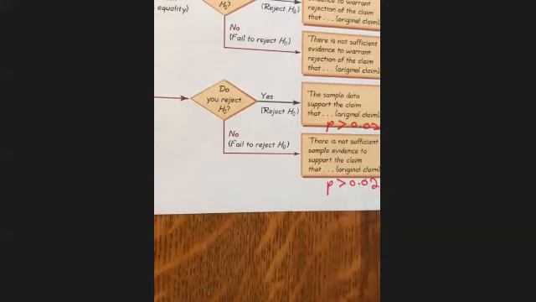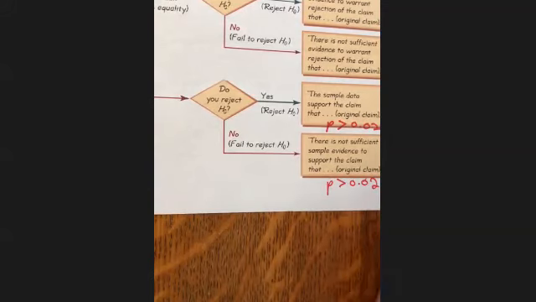Okay, so what have we actually said here? We haven't said that our claim is false. We've simply said that we cannot rule out that H0 is true. So it's different. Just like I said, when the jury gives their verdict, they don't say you are innocent. They say you are not guilty.